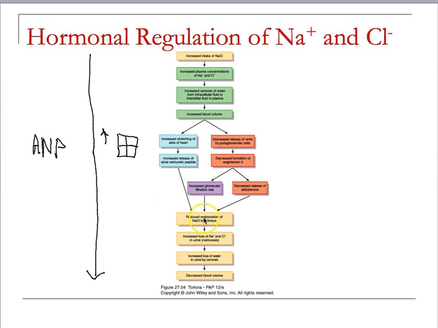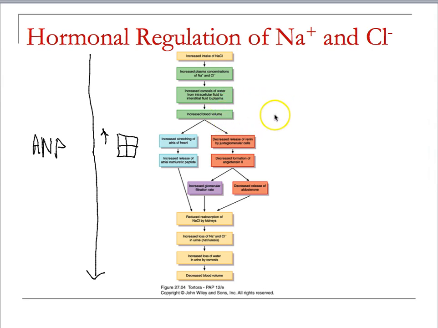Notice it says here reduced reabsorption of sodium and chloride, which is going to be the loss of sodium and chloride. And then you're going to actually increase loss of water in urine by osmosis, which is going to decrease the total blood volume. Now notice that didn't address what happened to the cells that lost all that water. It just addressed what happened when you actually had too much sodium chloride ingested inside your body.